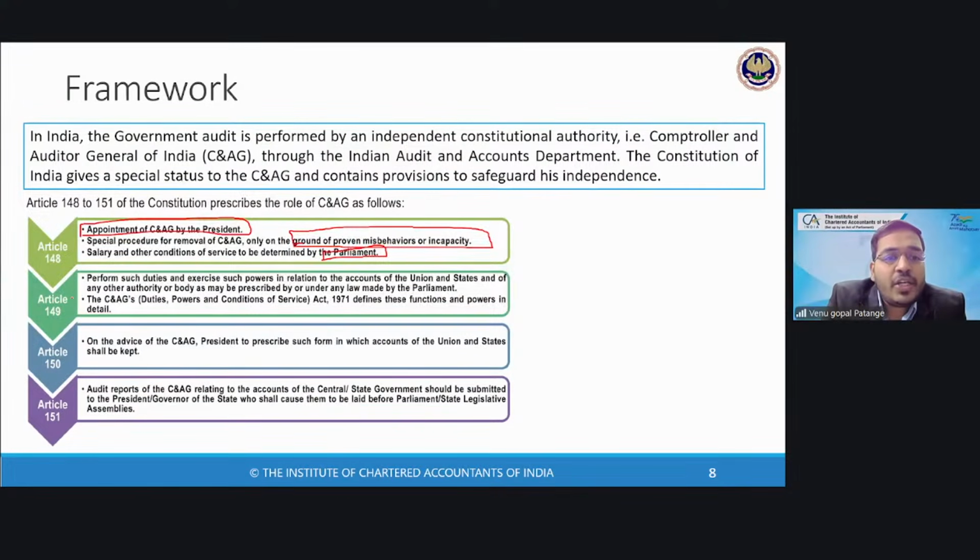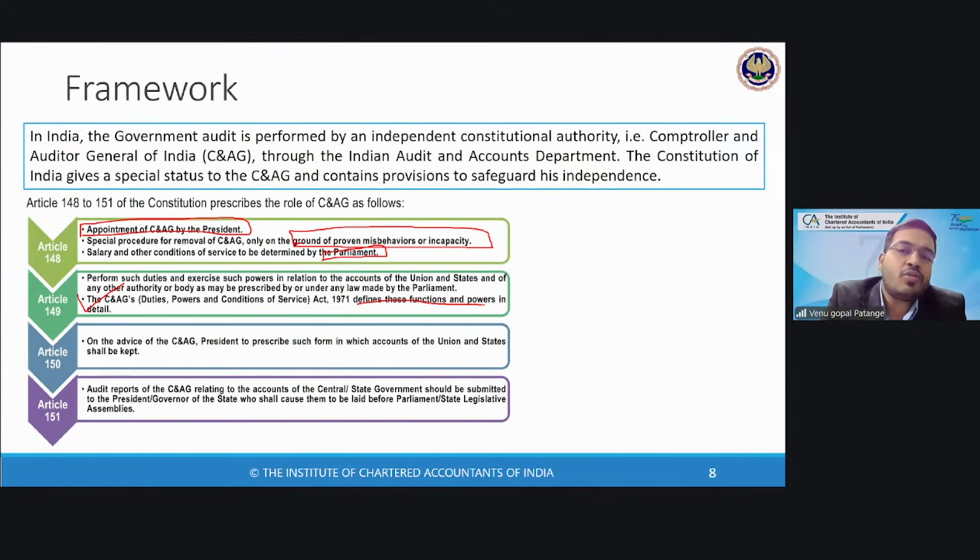There are certain duties, what he has to do, what the role is. All these functions and powers are discussed in Article 149. In the next few slides we will also discuss the role of C&AG. You already have a good basic understanding of the authority and roles of C&AG.